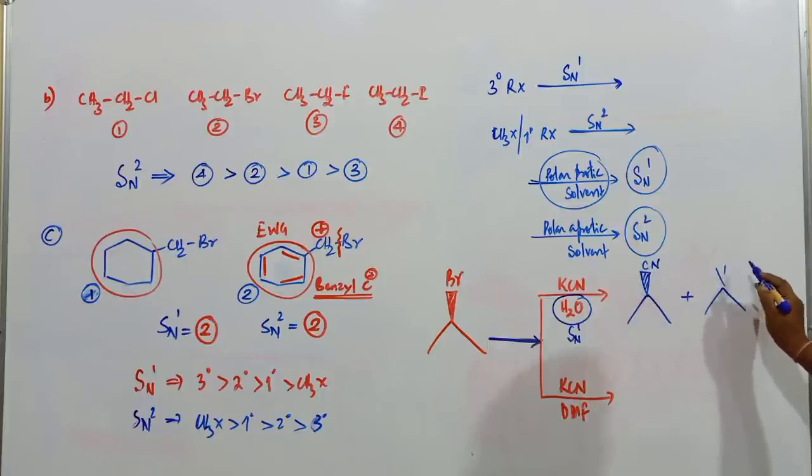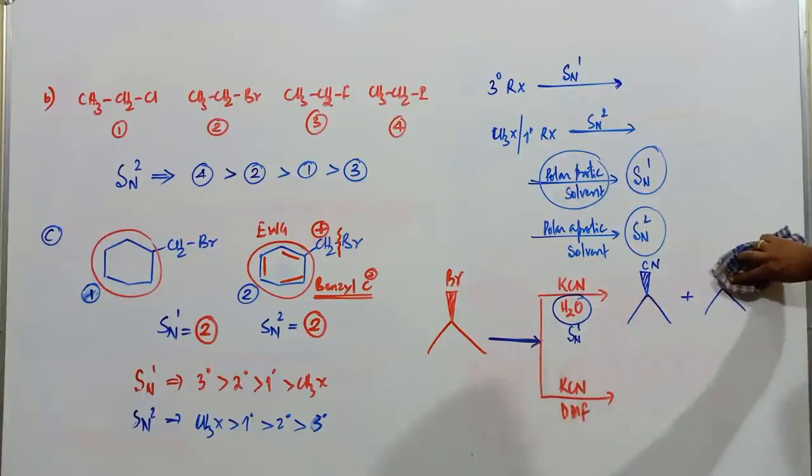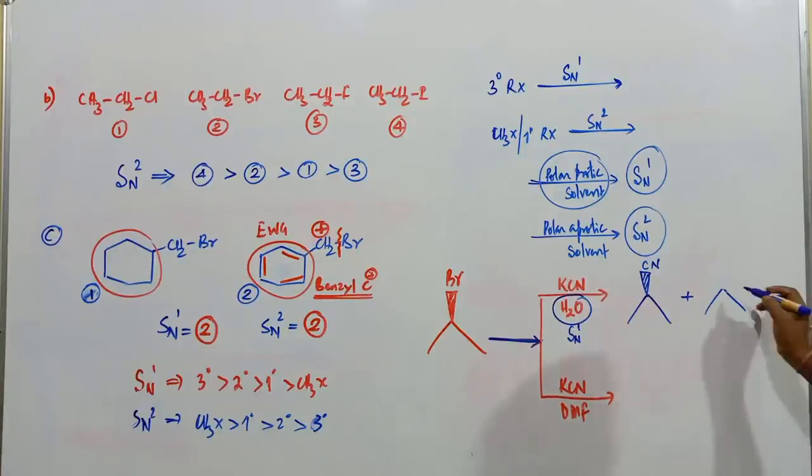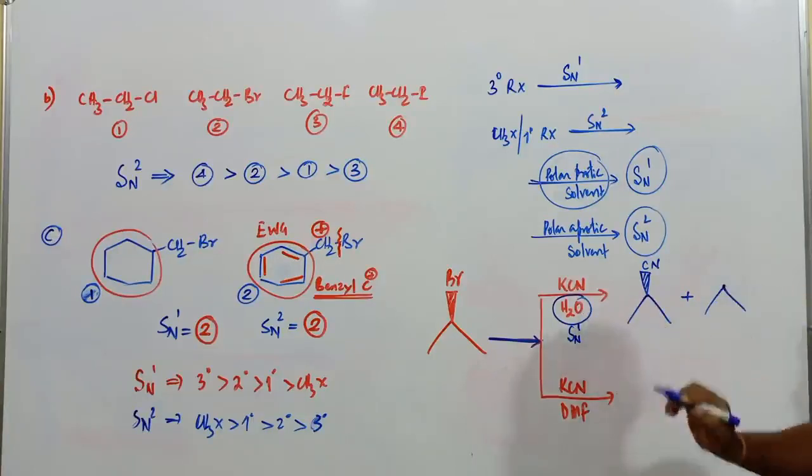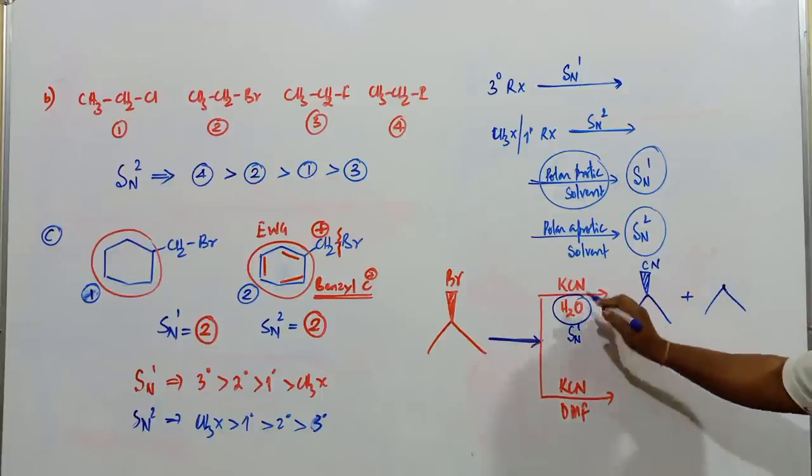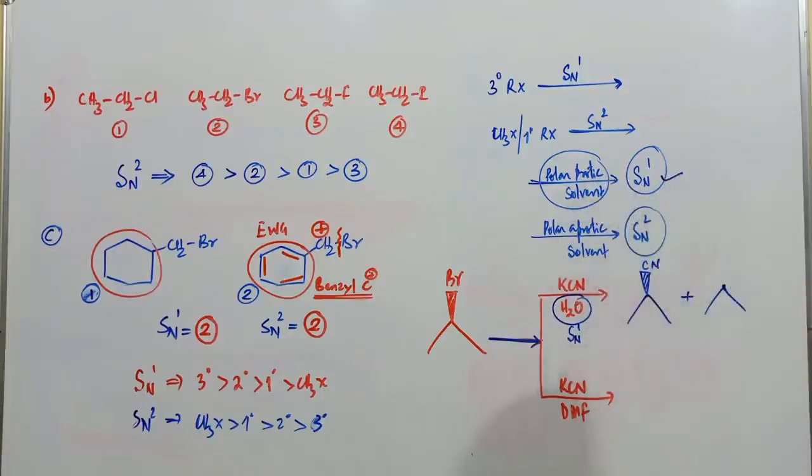We follow SN1 here because the solvent is polar protic. Here the product has CN, and one configuration is referred to as retention, the next one is inversion. When retention and inversion both take place, it is SN1.